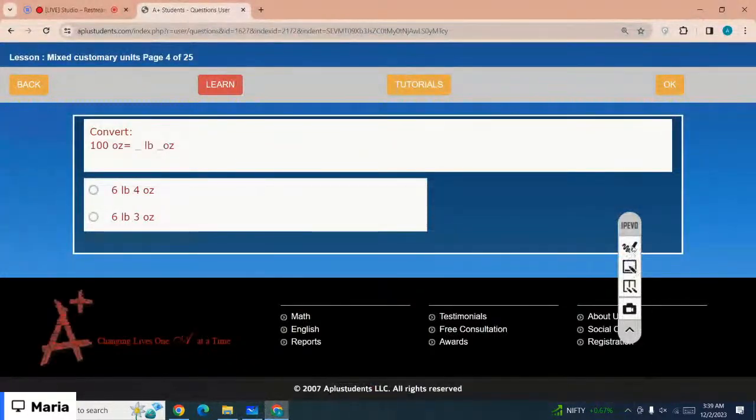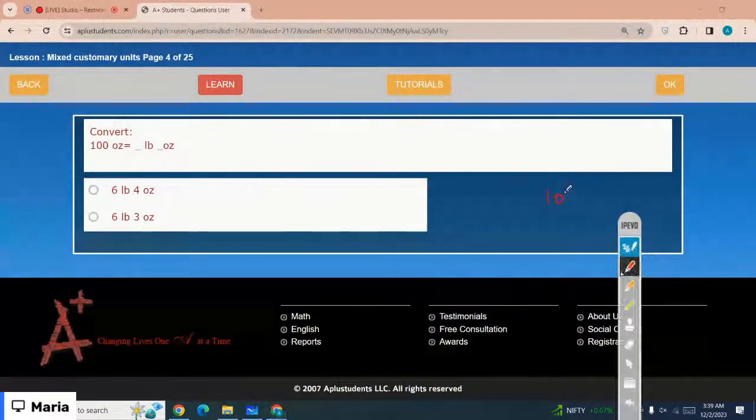When you divide 100 by 16, 16 times 6 is 96, and you have 4 left. That means you have 6 pounds and 4 ounces. So option number 1 is the correct option.